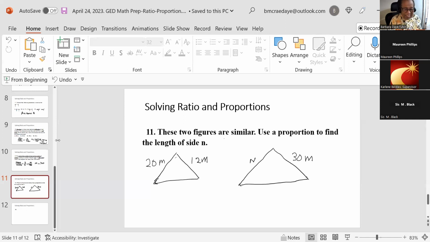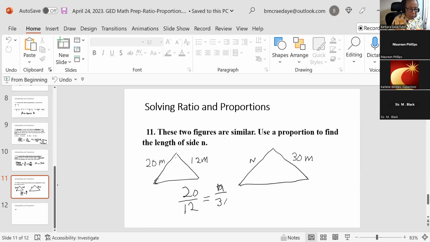Okay, so we have 20 over 12 equals N over 30. Which one are we looking for? We're looking for N. So that would be N over 30.